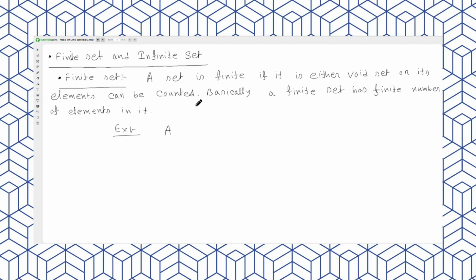The first one is A = {1, 2, 3, 4, 5}. It has 5 elements. And the second one, B = {x such that x is a vowel of the English alphabet}. We all know that it is A, E, I, O, U, right? This is also a finite set because it has only 5 elements, a finite number of elements.